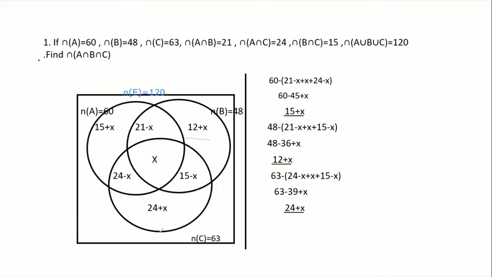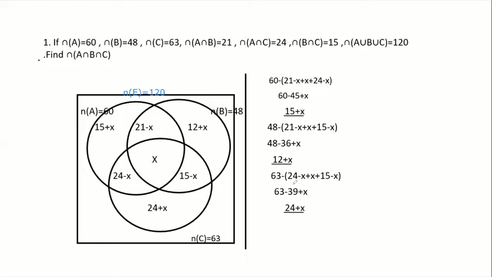So we go ahead and calculate for C only. Since we are looking for the union, like generally the whole, so we have to fill in all our gaps in the Venn diagram. That is 63 minus into 24 plus X, plus 15 minus X, a plus X. So that is giving us 63 minus into brackets 39 minus X. So if we are to open up our brackets, we shall remain with positive 39 minus x.